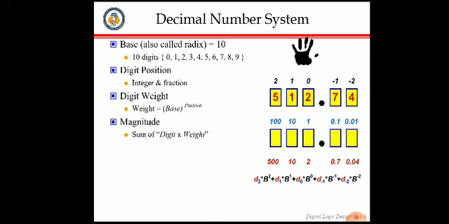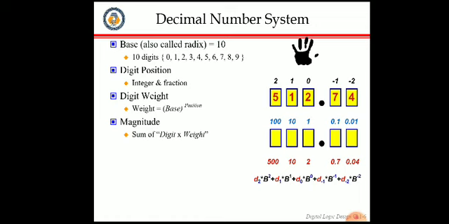Every symbol we can call a digit, and each digit has its own position in a number. The position may be an integer position or a fractional position. The digit value depends upon its position, that means the weight of that digit. The weight equals the base raised to the position.